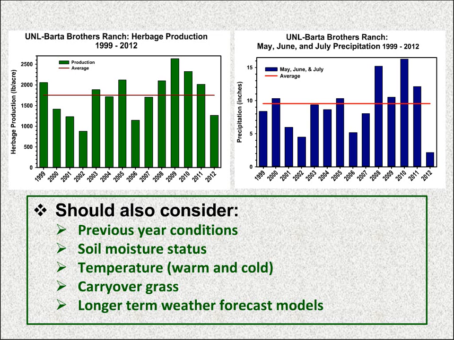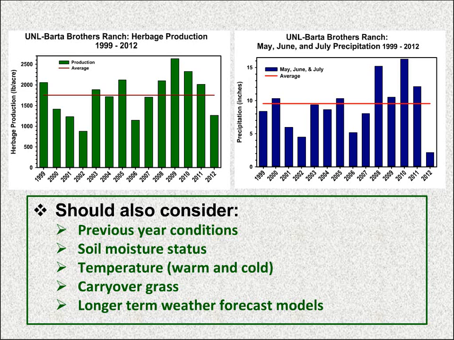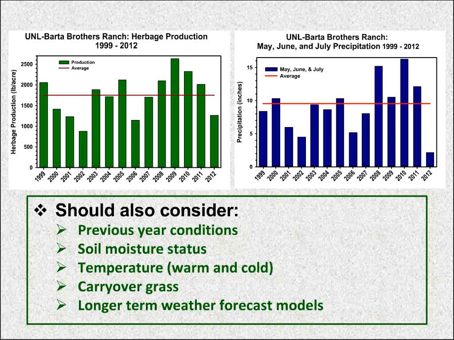Now, of course, there are other very important factors that do need to be considered: the previous year's condition, the soil moisture status, the temperature, warm and cold. It was mentioned earlier how warm it was last year, how such an early spring that we did have. Carryover grass, too, is something very important.